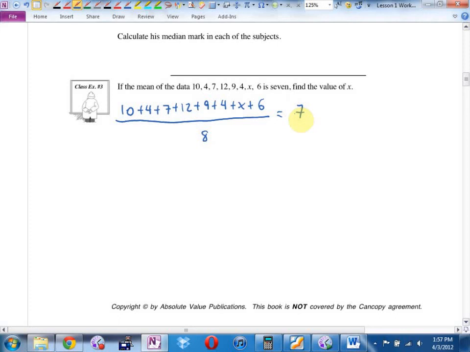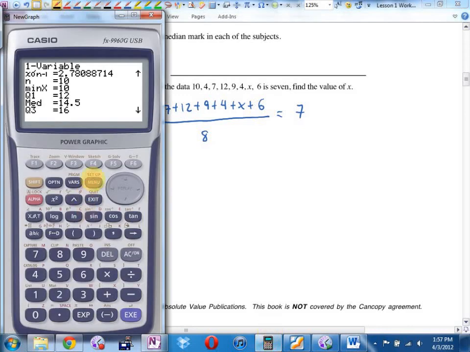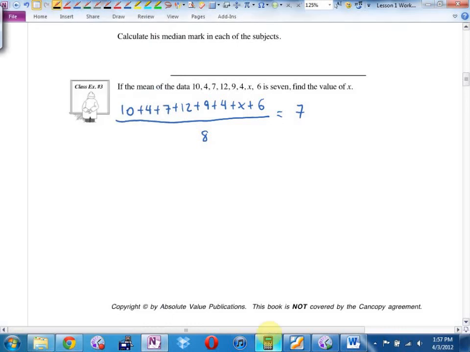Is that okay so far? What is 10 plus 4 plus 7 plus 12 plus 9 plus 4 plus 6? You can use your calculator, or you can add it in your head, or you can use your regular scientific calculator. I don't care.